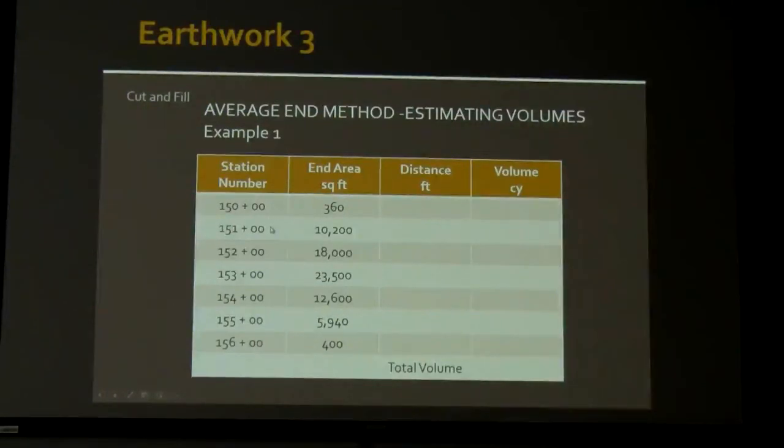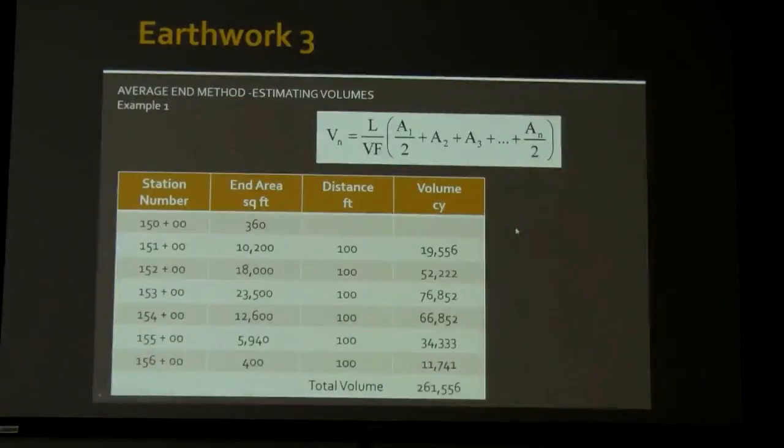In the next one, our length would be 100, and then the area is going to be the average of 360 and 10,200, divided by 27. That would give us the cubic volume. Here I have it worked out so that in each case our distance, our L, is 100, and the average between 360 and 10,200 is taken, times 100, divided by 27.